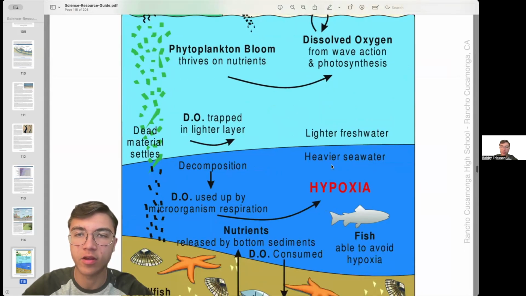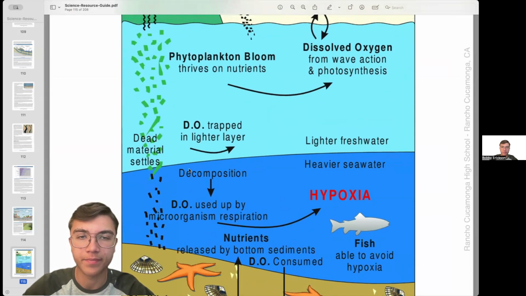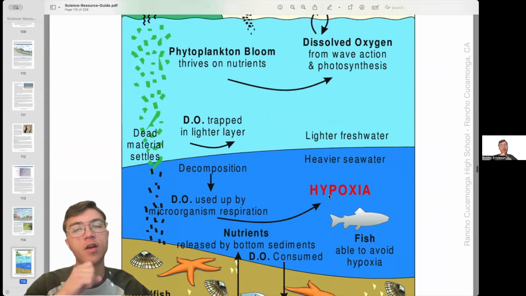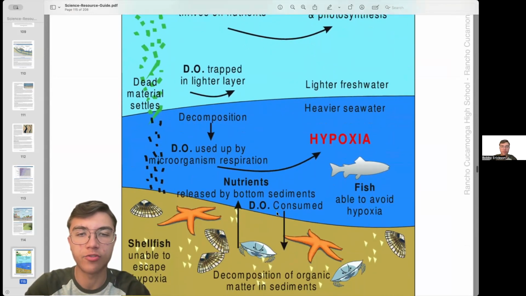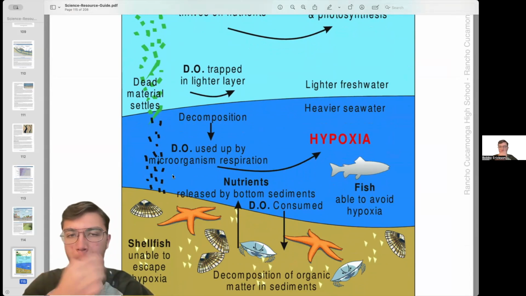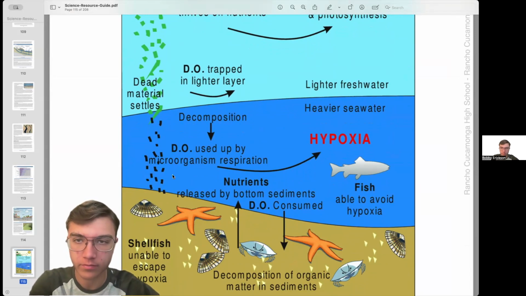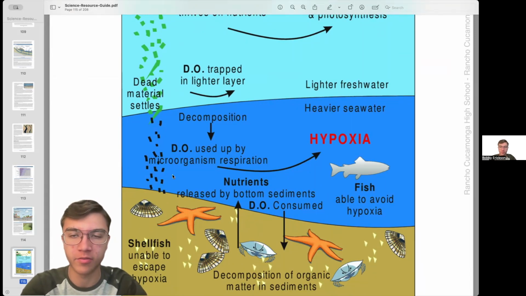Then this causes lighter freshwater and heavier seawater, where dissolved oxygen is being used up by the microorganisms in respiration, and this leads to hypoxia, which is the absence of oxygen. The microorganisms are feeding on the nutrients, and this is causing the oxygen to be used up.